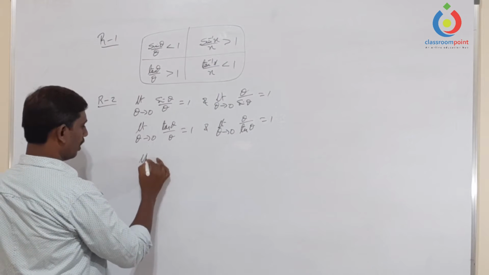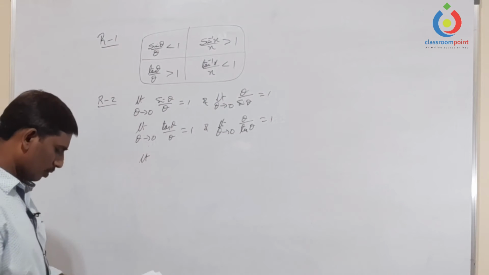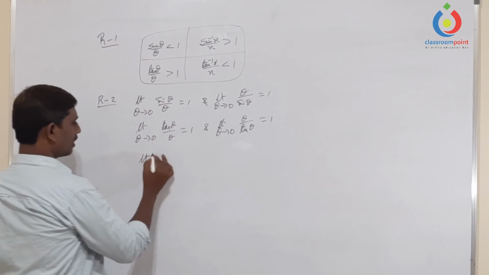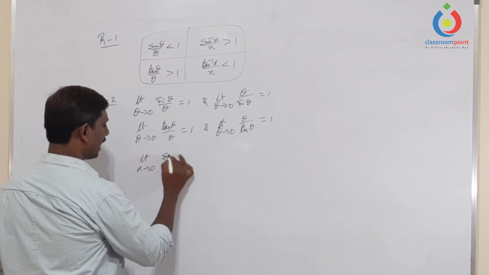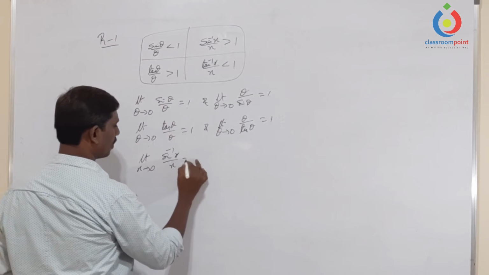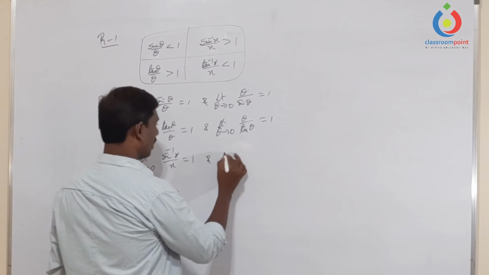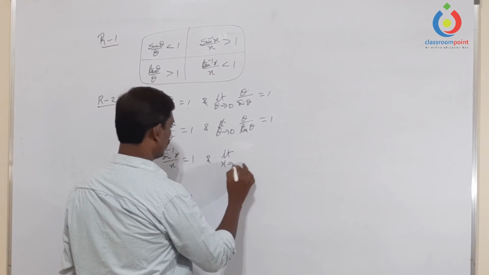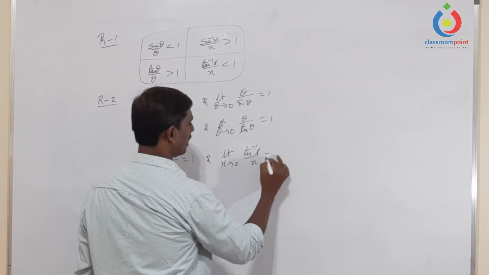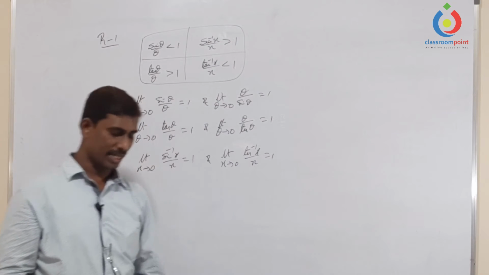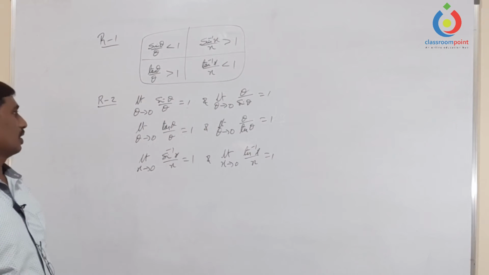And one more: limit x tends to 0 sin inverse of x by x is equal to 1, and limit x tends to 0 tan inverse of x by x is also equal to 1. This is what we have.